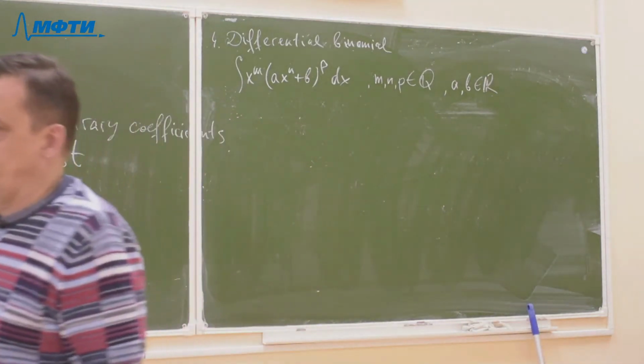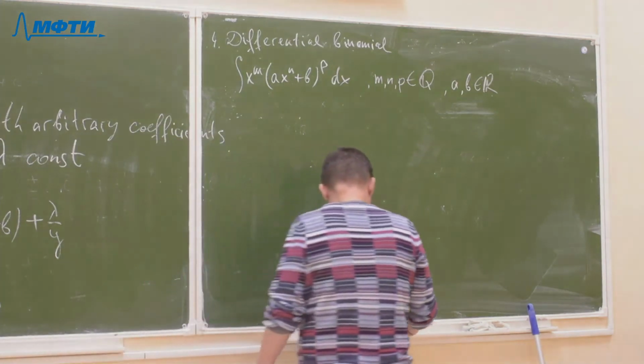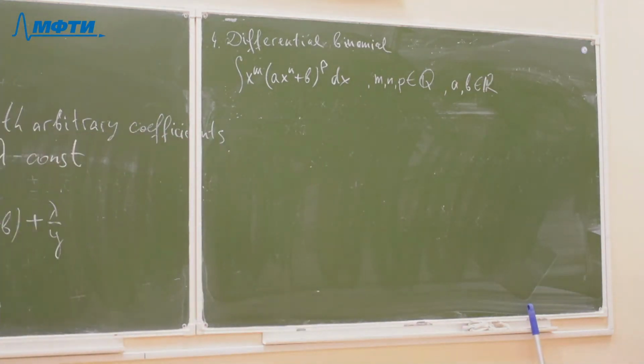That is a differential binomial. In fact, there are only 3 cases when we can find a primitive for this irrational function in terms of elementary functions.